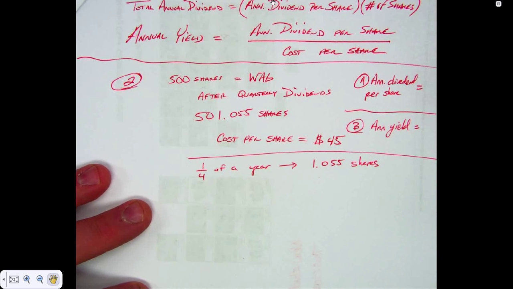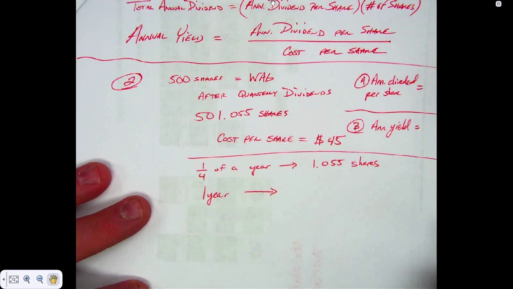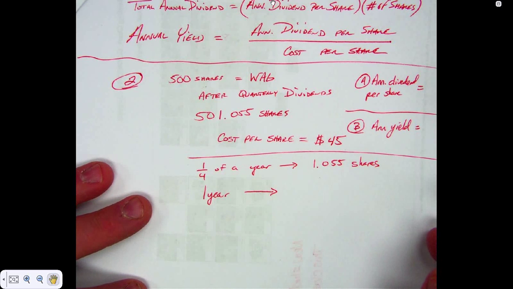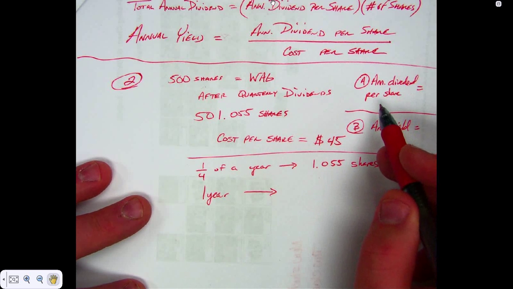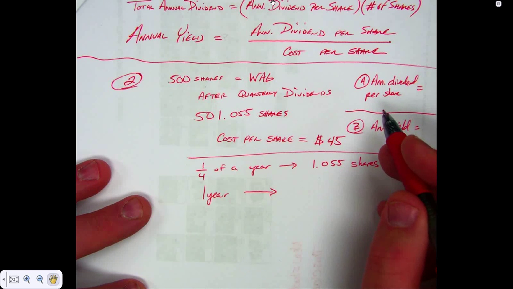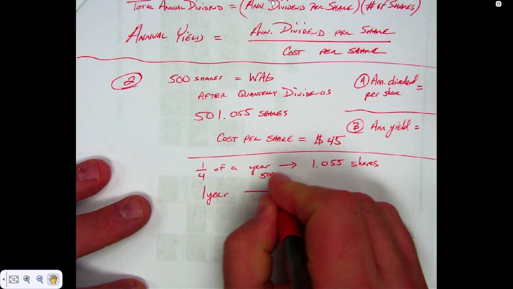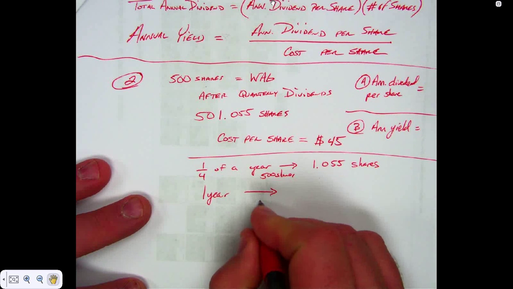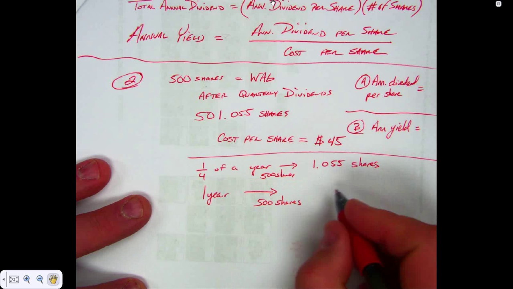So answer me this. In 1 year, how many shares would you have? Because that's what we're trying to find, the annual dividend per share. We're talking about the formula. 1 quarter of a year for 500 shares. So for 500 shares, how much would you have in a year?